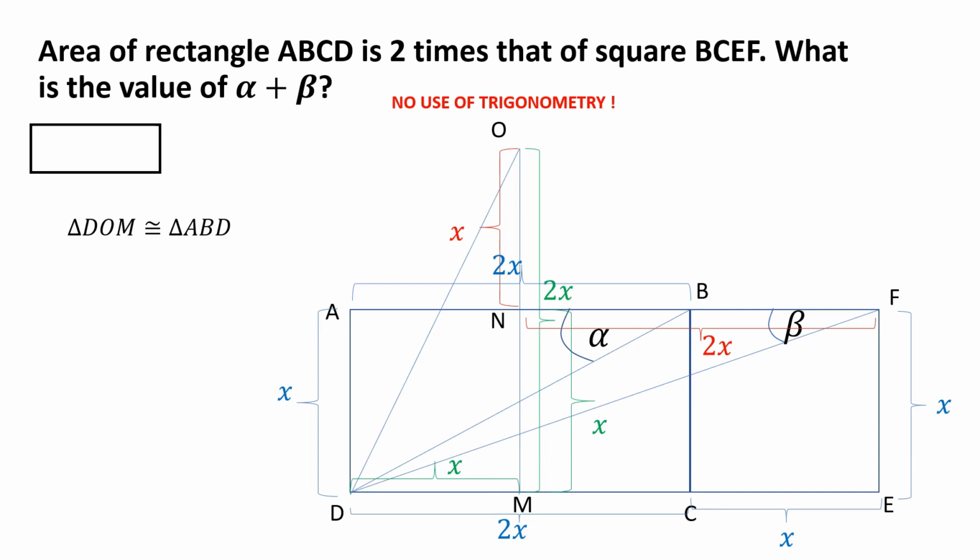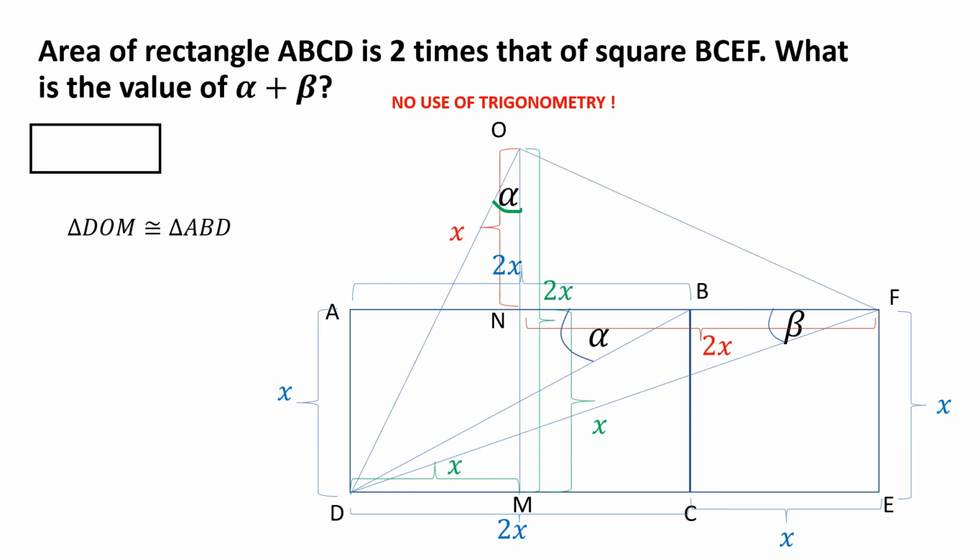And as a result of this, angle DOM, that's marked in green, will be equal to angle ABD, and we know angle ABD is given as alpha, so that makes angle DOM equal to alpha.